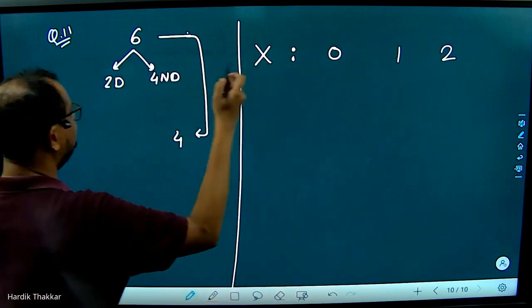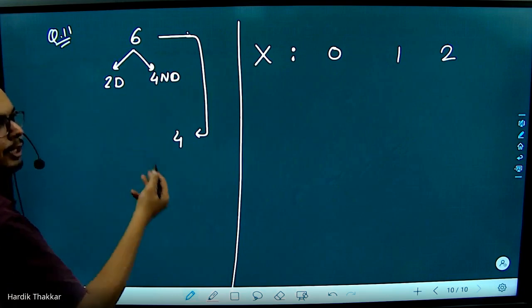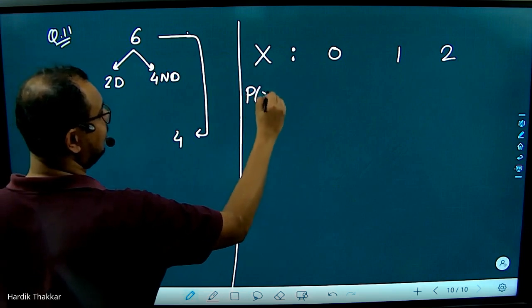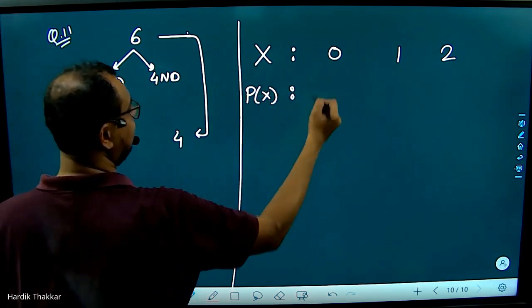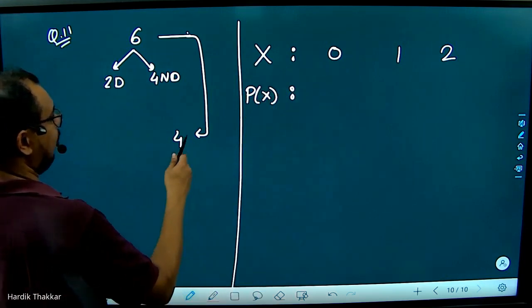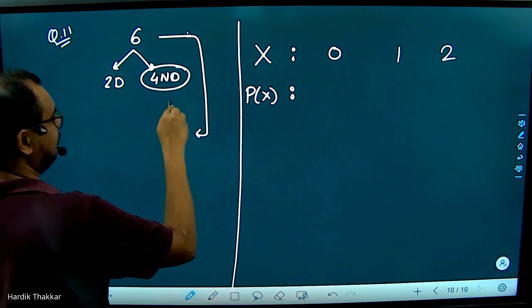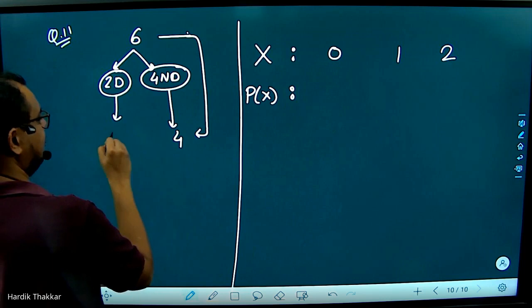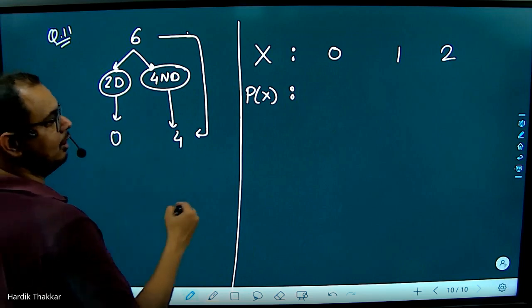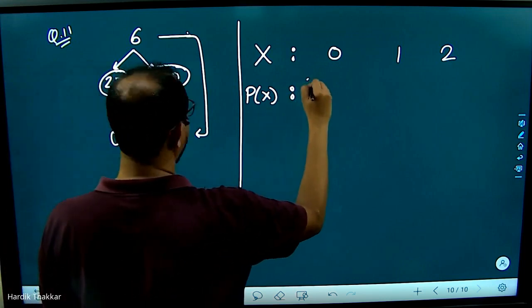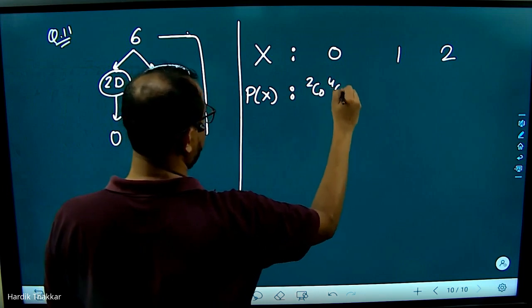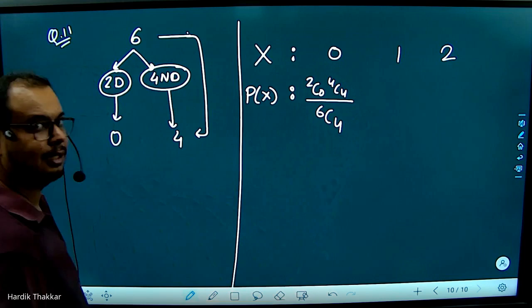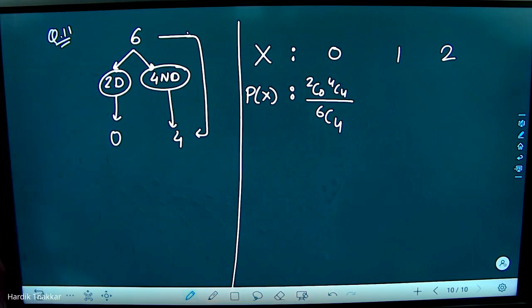Maximum we can have 2 defective, because in total we have only 2 defective items here. Now we will calculate the probability of each case. The probability of getting 0 defective: all 4 are selected from the non-defective group and none from the defective group. So the numerator will be 2C0 times 4C4, divided by the denominator 6C4. Is the first part clear?